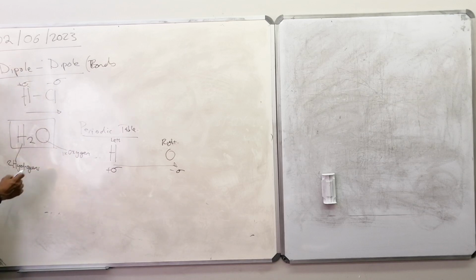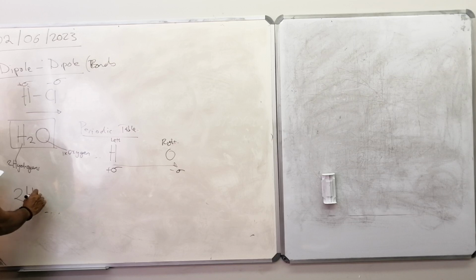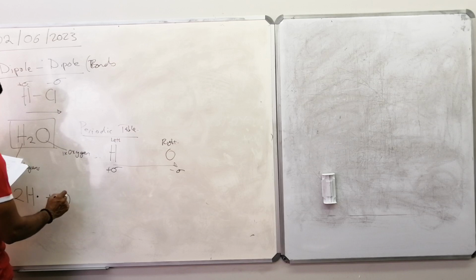For H, we got 2 H's, each with a dot here, and we've got oxygen. How many electrons around oxygen? 6.